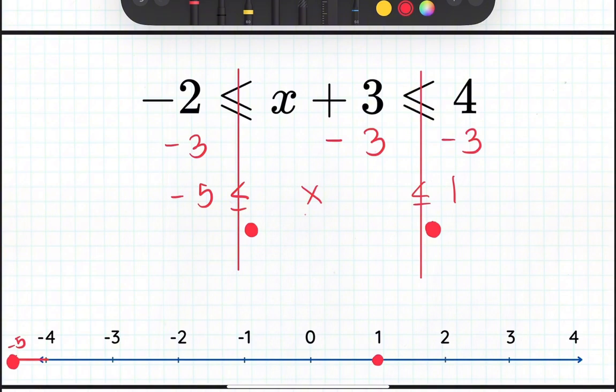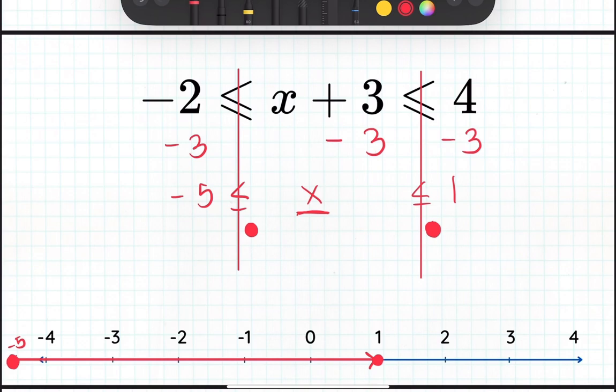So I need to look at where x is. Here, x is greater than -5 because that little sign is facing x. So x is greater than -5, which means that we have to face our arrow towards anything that is greater than -5, which is this way. So I'm going to draw a line that goes towards the right, towards those numbers that are greater than -5, like that.